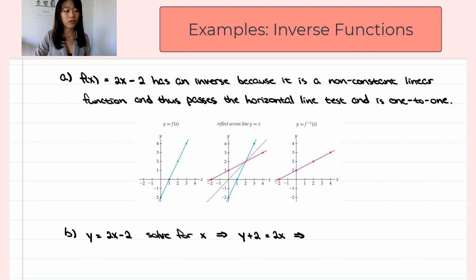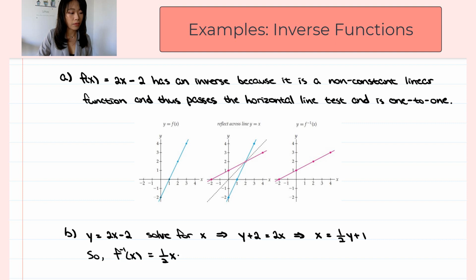Then I divide both sides by 2. So I get x equals half of y plus 1. And the next step is to interchange the x and y so that I use x as the independent variable again. So the inverse of f of x equals half of x plus 1.